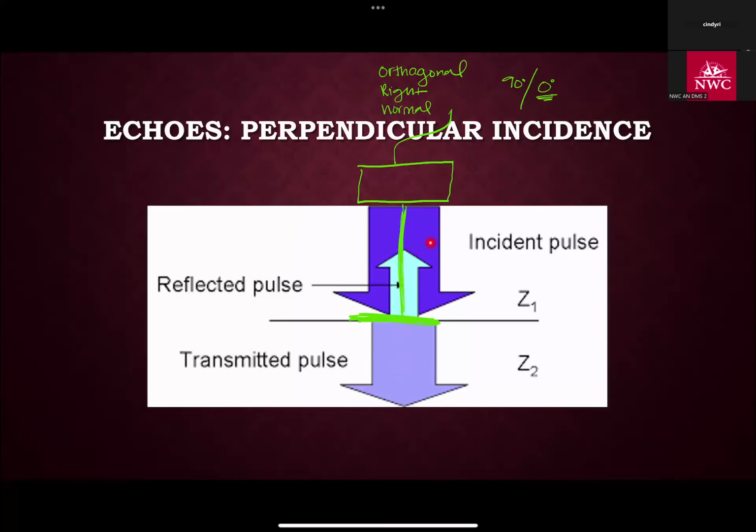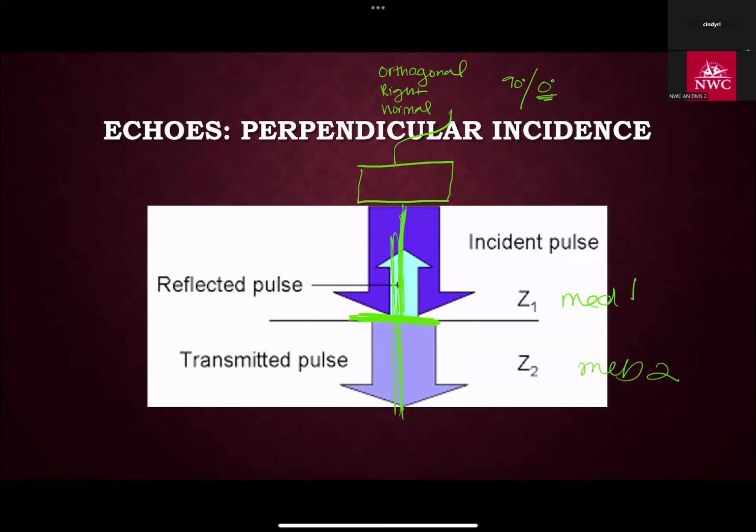So I'm now comparing this one here and this one here. The transmitted pulse here in medium two is described as going the same direction as the incident and again along the same path, right? So as you can see, everything is along this really nice straight line. Everything seems very organized.